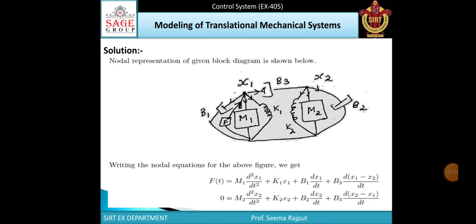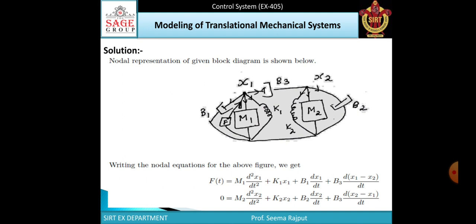We have to use two displacements x1 and x2, and we have one force, two masses, two springs and three dampers. One damper B3 is connected in between x1 and x2 displacement, and there are two separate dampers for x1 and x2.